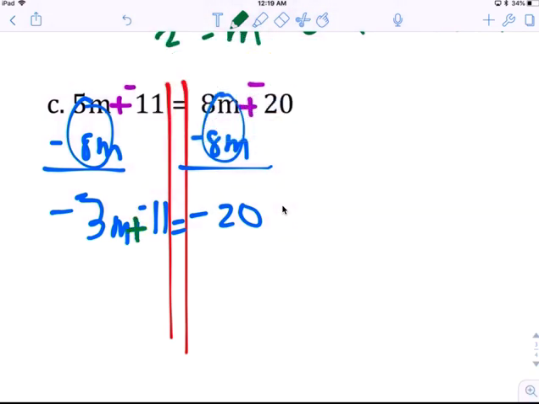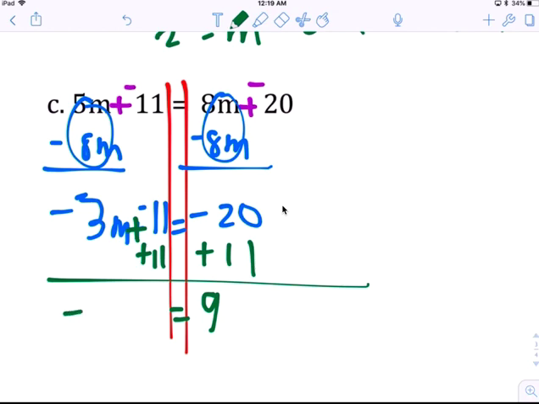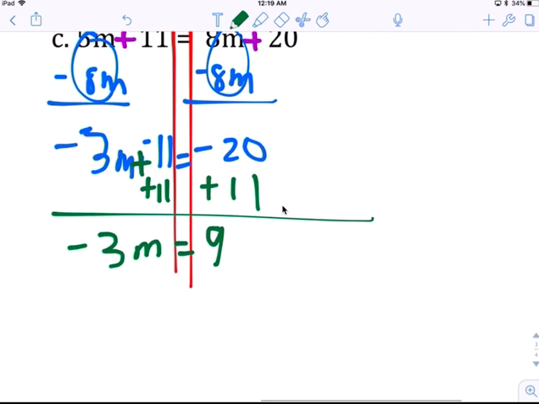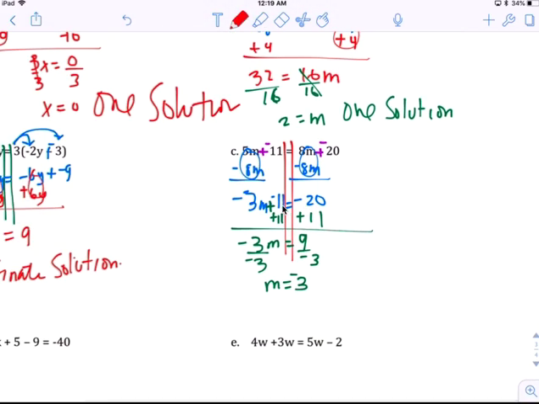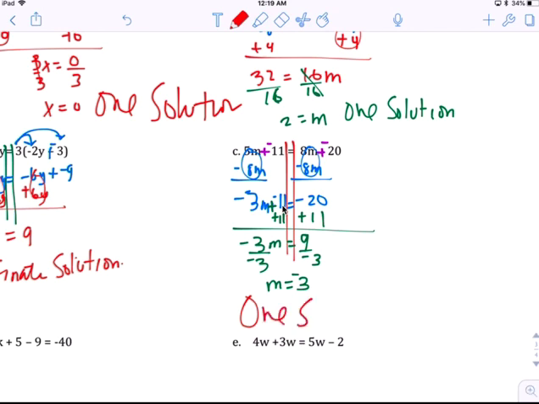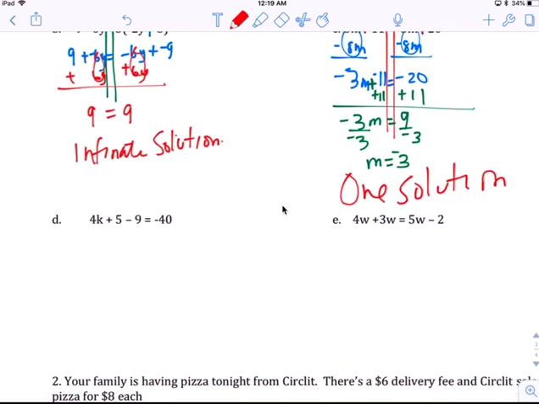Then there's a plus here, so you need to make one of them equal to 0, the 11, because it's like this one. Divide by negative 3. One solution, right? Okay, next one.